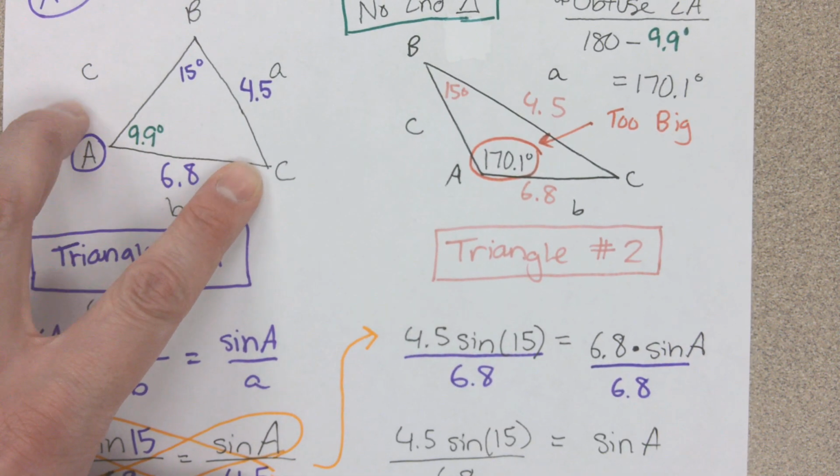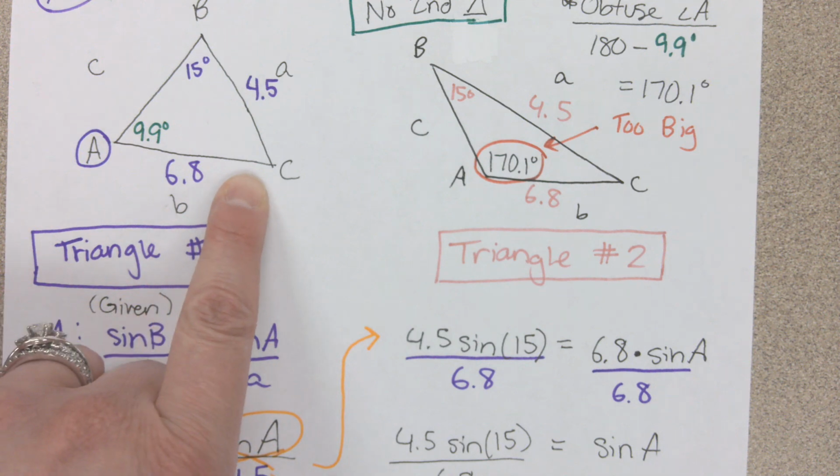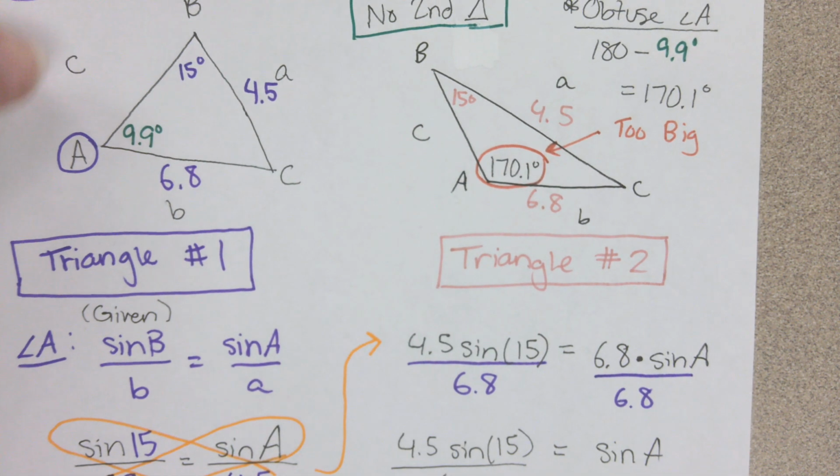So we still need to find both C values. Now, thankfully, finding angle C won't take long because we already know two of the three angles, so that's going to be a simple calculation.